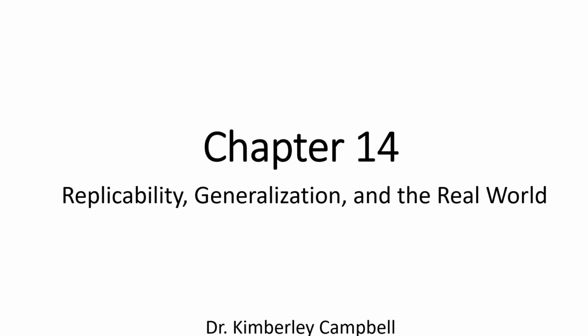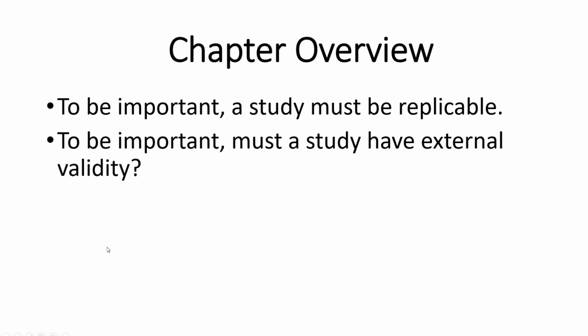Today we're going to cover Chapter 14, Replicability, Generalization, and the Real World. So we're going to look at bringing our science into a larger environment and what it means to do so. We're going to talk about questions of replicability. For a study to be important, it must be replicable.